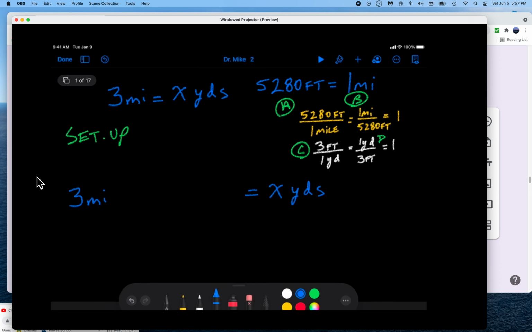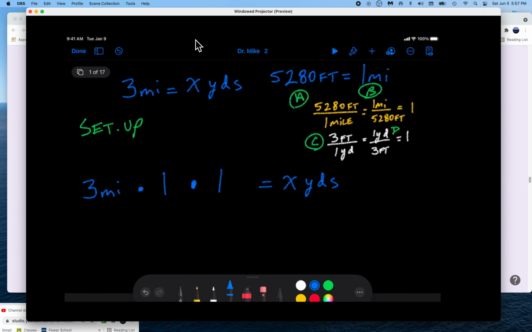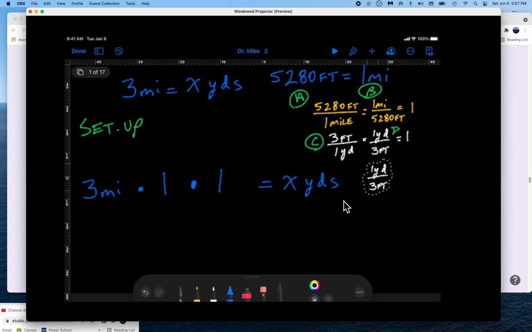And now, we're going to multiply by 1, not once, but twice. The way you do this is, you bring in the version of 1 closest to the answer that has yards in the numerator. So which of these 4 have yards in the numerator? It's right there. Okay.